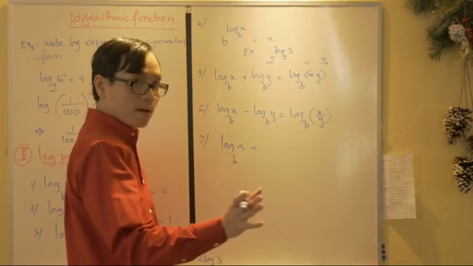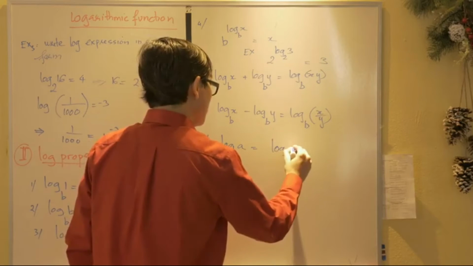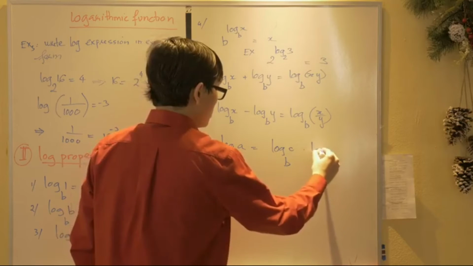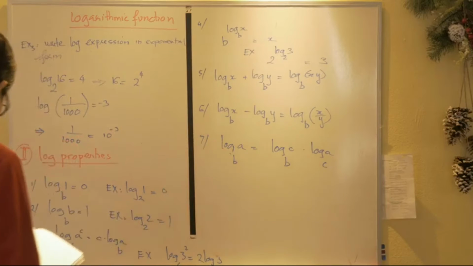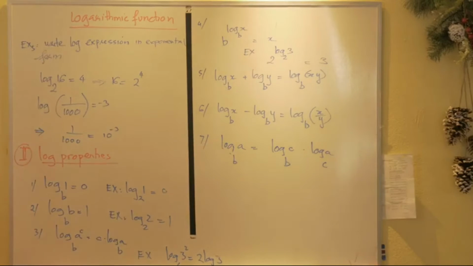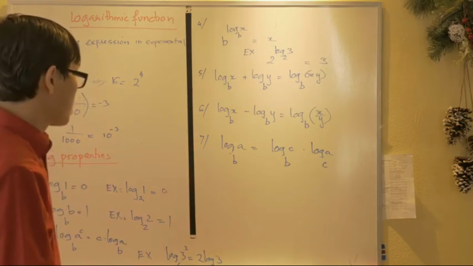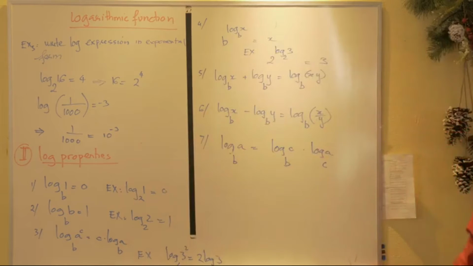I can split it up into two logs: log base b of c times log base c of a. This formula is very important too. Next I'm going to give you an example of how to use these properties to simplify a log expression.